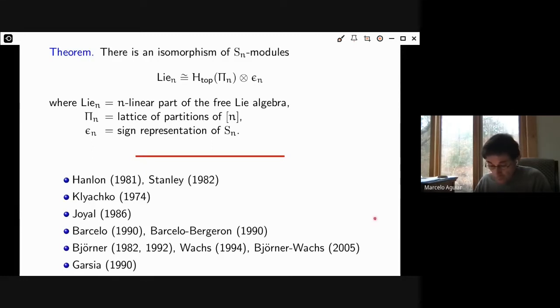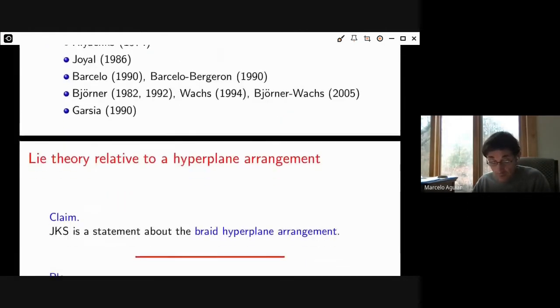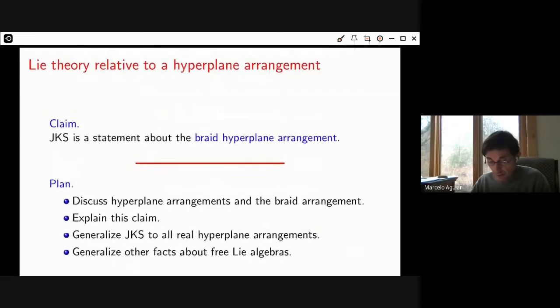Some of the references of that kind are here. Another standard reference for the combinatorial study of the free Lie algebra is a book by Reutenauer called Free Lie Algebras. But of course, the study of the combinatorial aspects of the free Lie algebra is a very old subject, and I'm going to review some aspects in a second.